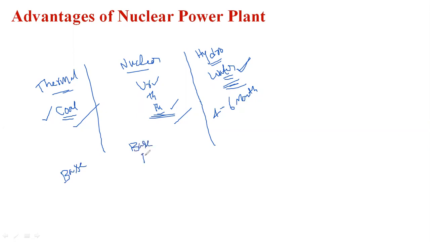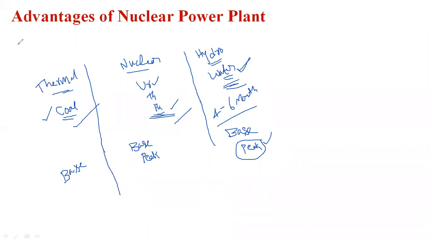The hydroelectric power plant is also applicable for both base load and peak load, but based upon the availability of water we can generate the power. In the rainy season, we generate power for both base and peak load, but in the summer season, we can utilize it only for the peak load.